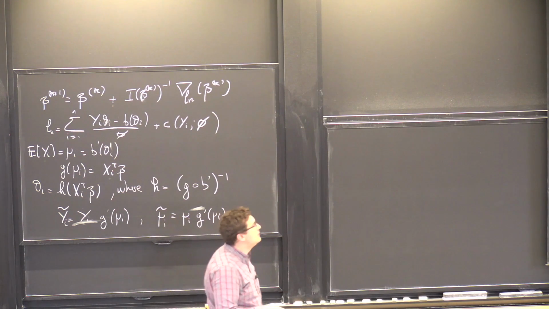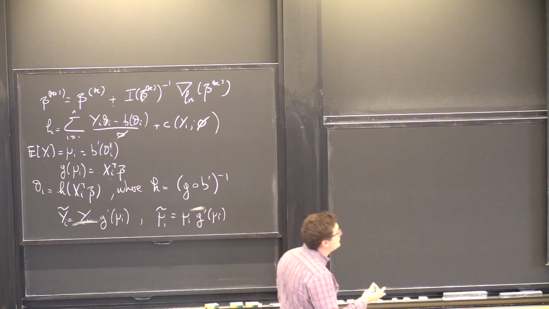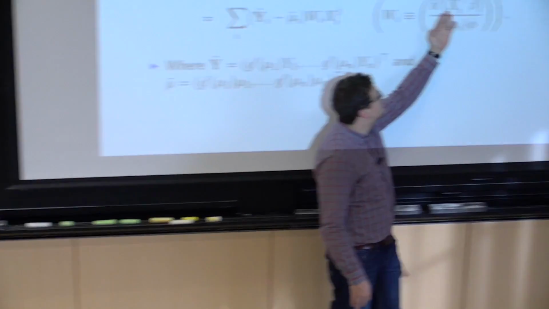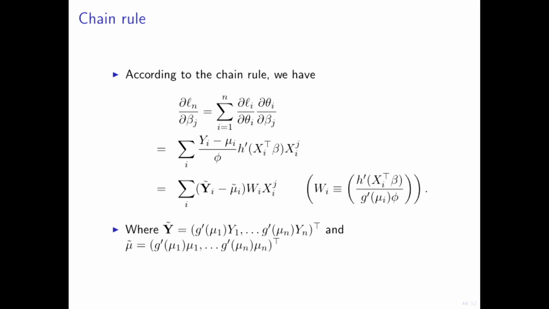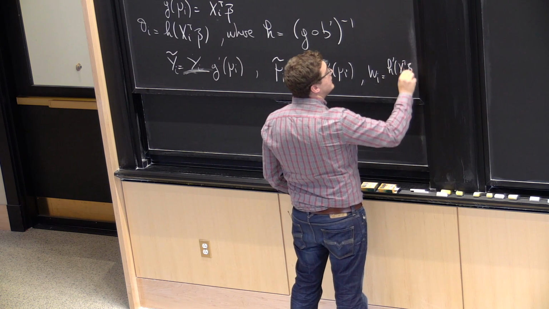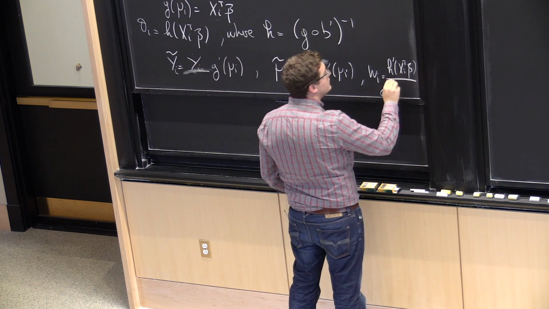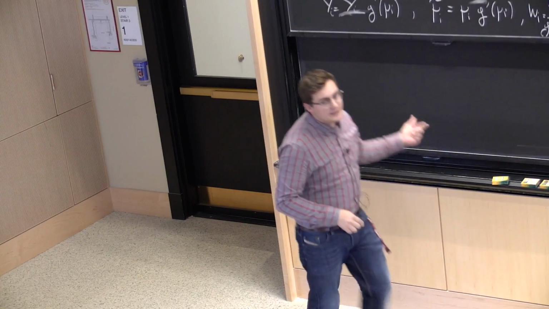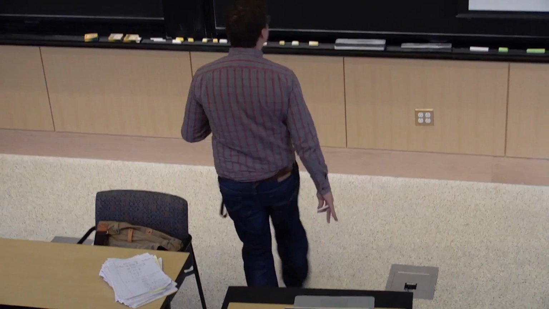And that was just an artificial thing so that we could actually divide the weights by g prime, but the real thing that builds the weights is this h prime, and there's this normalization factor. If we write it like that, and if I also write that Wi is h prime of xi transpose beta divided by g prime of mu i times phi, then I can rewrite my gradient, which is a vector, in the following matrix form.